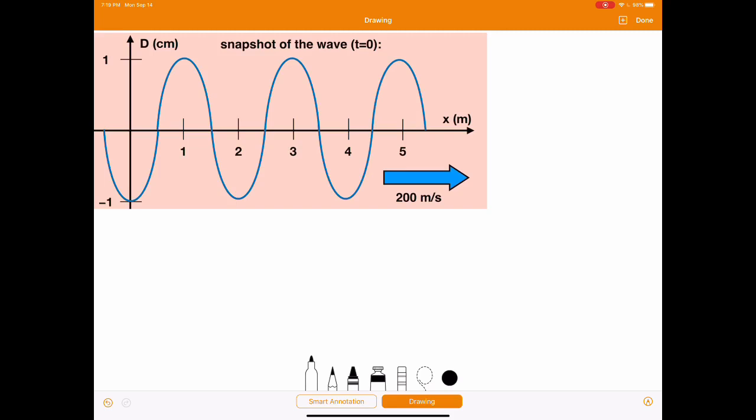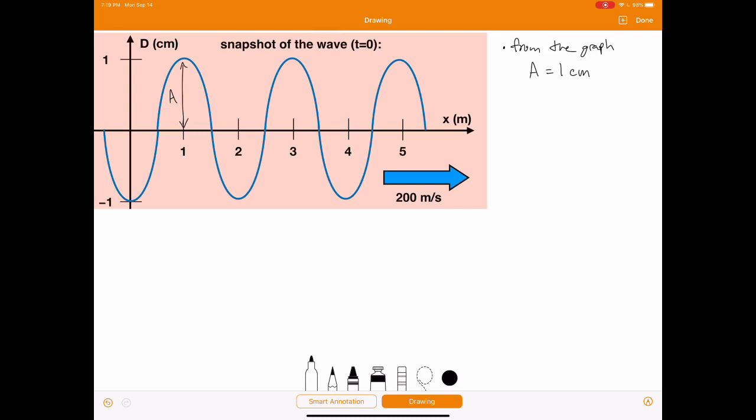Right away there's some information we can get straight from the graph. That would be the amplitude A, which is the maximum displacement of the wave from equilibrium. By inspecting the graph, we can see that the amplitude is 1 centimeter.